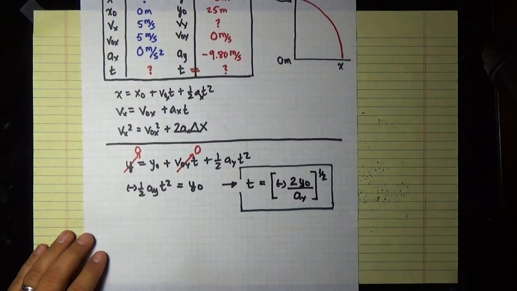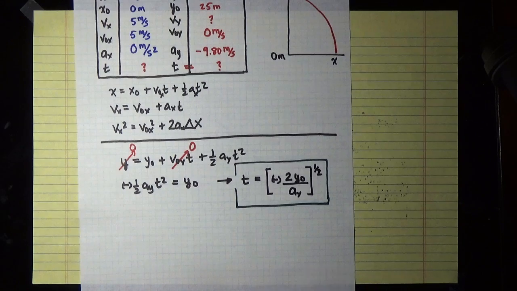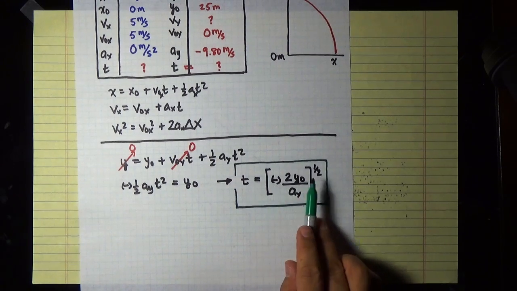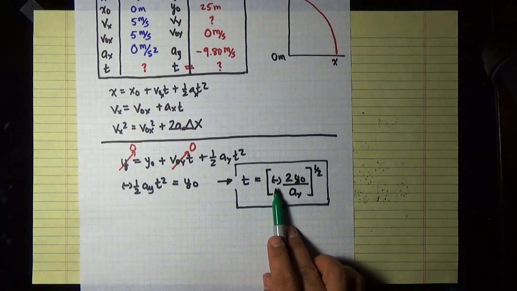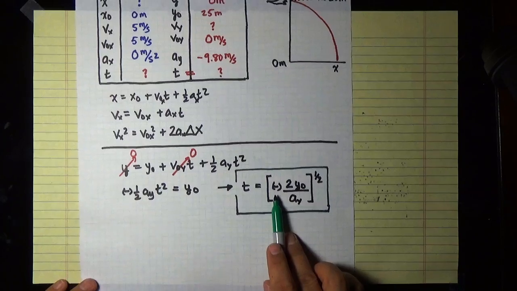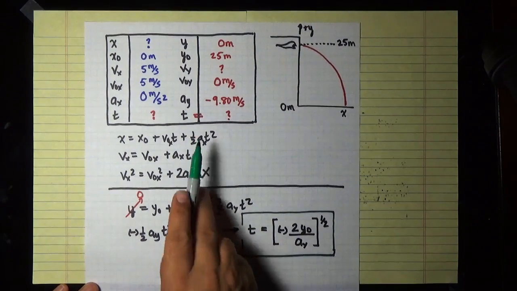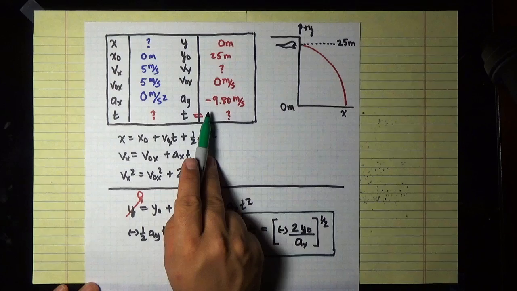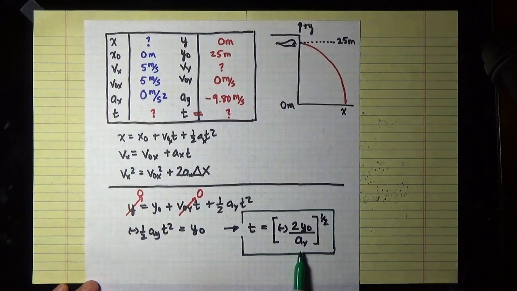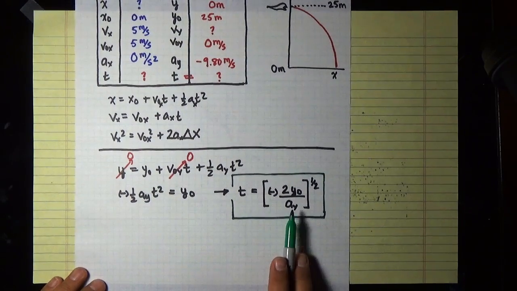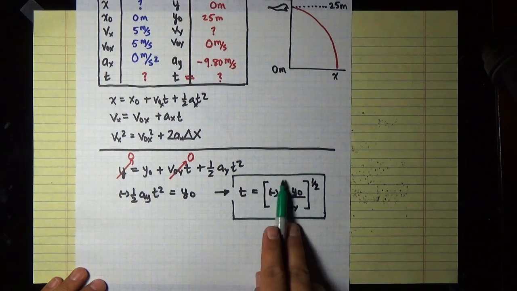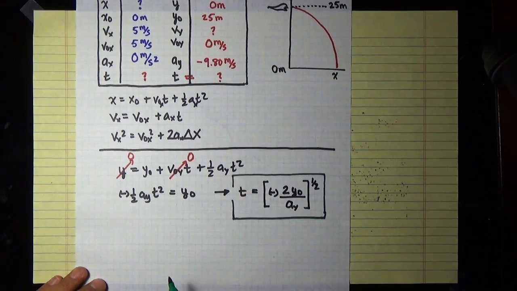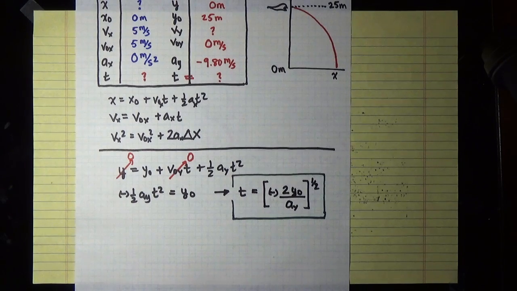But you may have a little bit of misgiving staring at this equation right now because of this minus sign that appears under the square root. In this case, I'm not too worried about this minus sign because if I go back to my kinematic table, I've already assigned a minus sign to the acceleration due to gravity here. And when I plug that minus sign in for the acceleration in the y direction, those two minus signs will cancel, which will leave the inside positive, and the square root of a positive number is no problem at all.